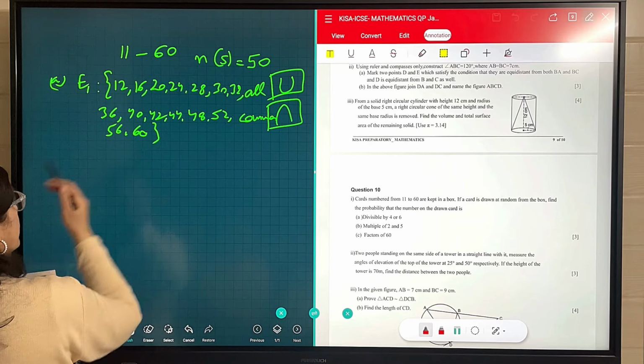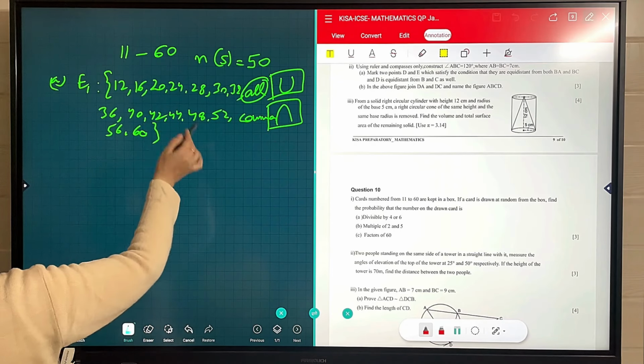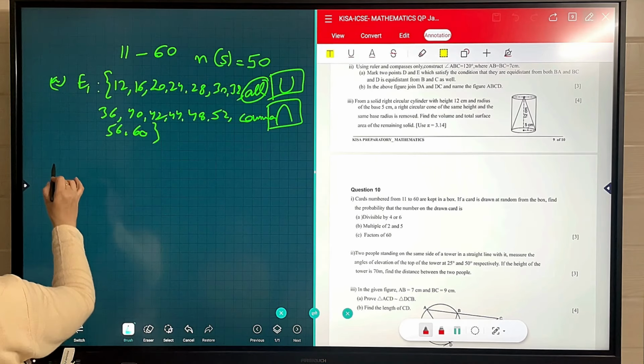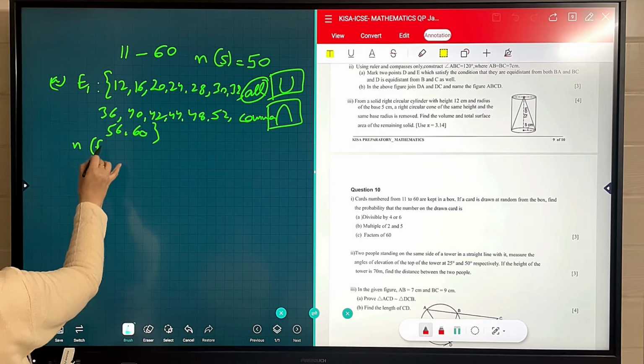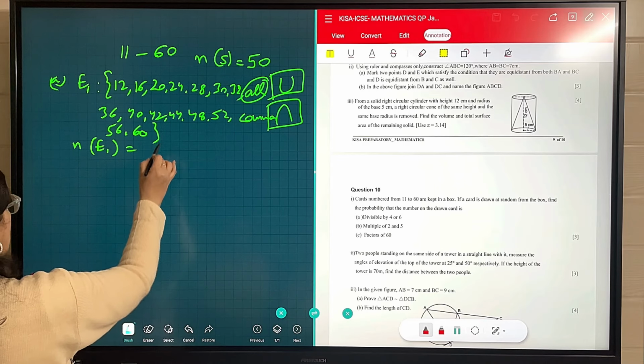So all you have to show, all means union. So you have taken the multiples of 4 and also the multiples of 6. So how many numbers are in n(E1)? When you count the total you will get 17.